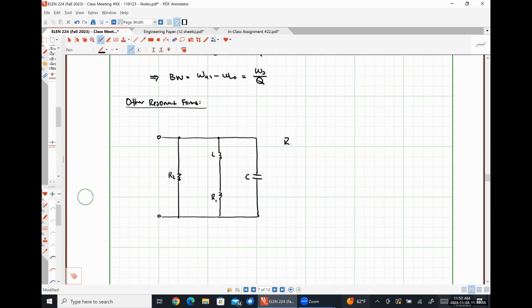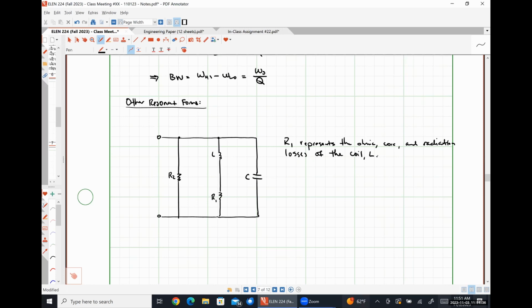So resistance R1 in this case represents the ohmic, core, and radiation losses of our coil L. So effectively what that means is that a real inductor, the coil, is going to heat up.